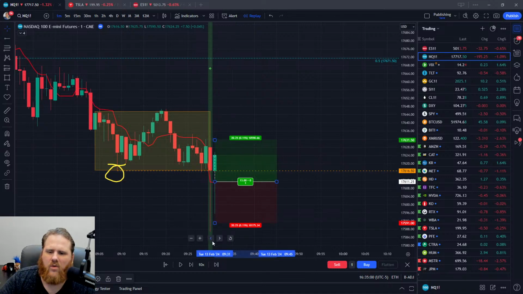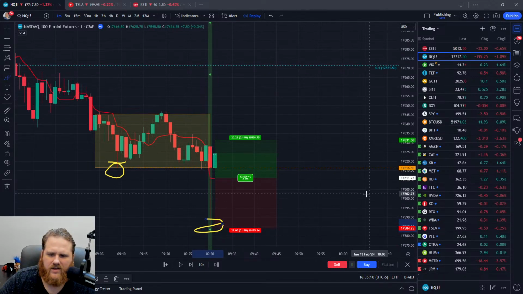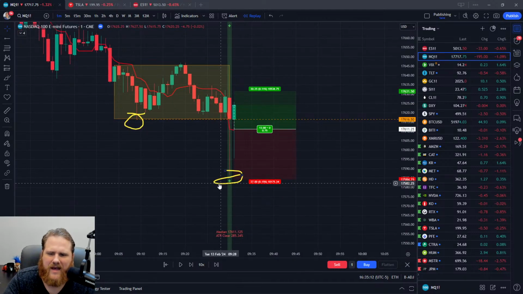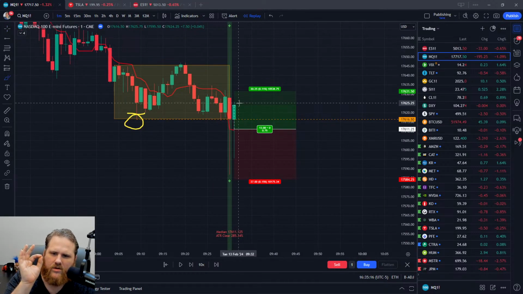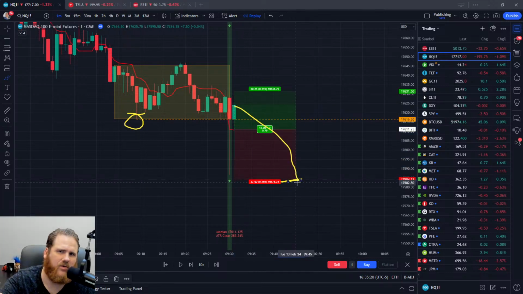Now, the little dot below, that is basically giving yourself a little buffer. Little buffer of space below the low, because if price were to come down and take out that low, it's not really a price spike anymore.